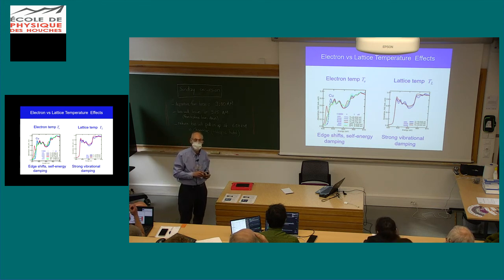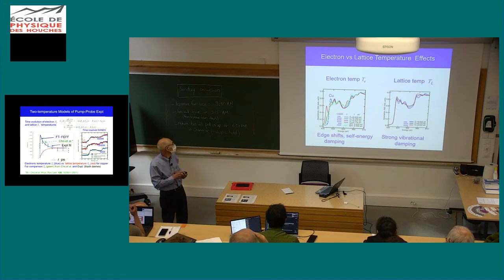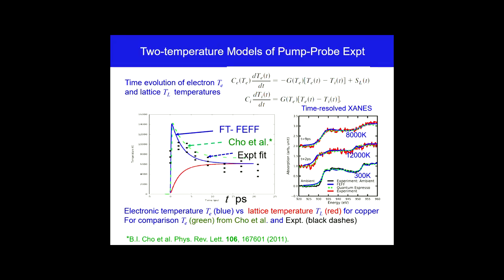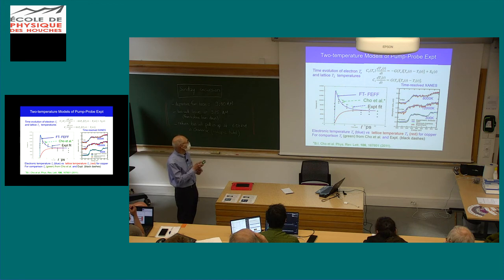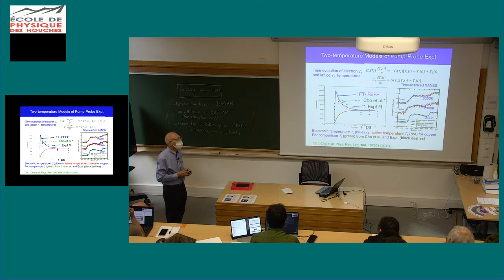This slide is just to show the separate effects. In fact, what you need to do is a kind of two-temperature model. And as you go up in time, say up to 20 or 30 picoseconds, it takes that long for the system to equilibrate. And it does so by transferring energy between the electrons and the lattice.